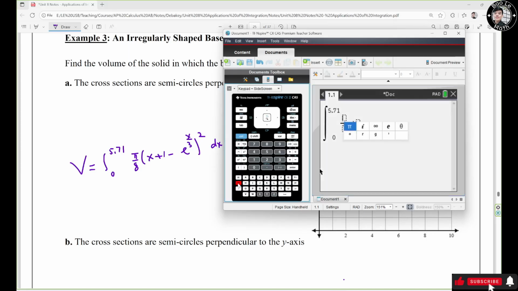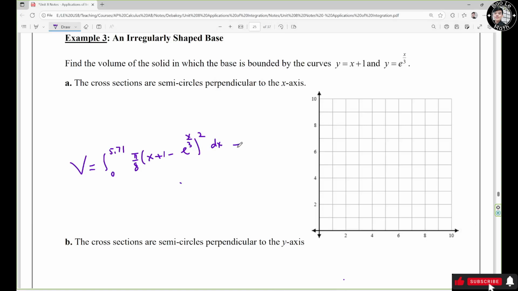Pi over 8 times s plus 1 minus e raised to the s over 3, squared, ds. Hit enter. The answer is 1.981.